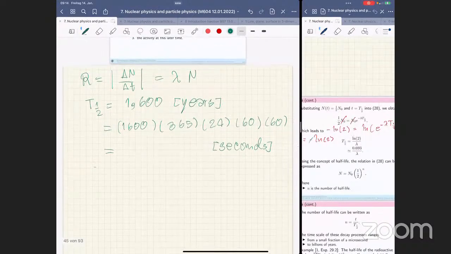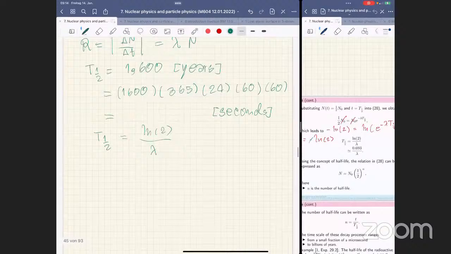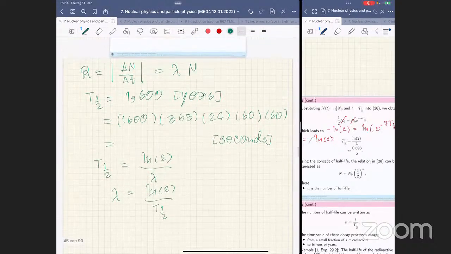T half, the period at which the nuclei remain half, is ln 2 by lambda, right? If you want to find lambda, you get lambda equal to ln 2 by T half, the half-life. And what they want to know is the activity, or the decay rate, which is this one.